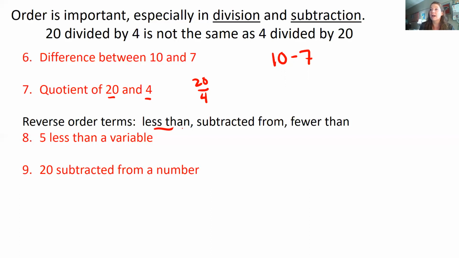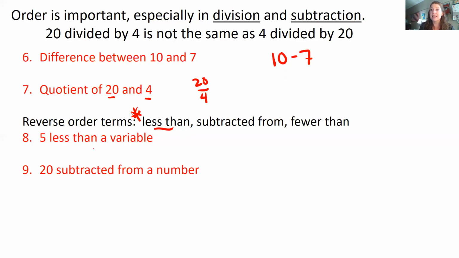But there are a couple of phrases that always will have you reverse the order of the numbers from how it's written. The most popular one is "less than." That's the one you're going to see more often than any other word phrase. But you also need to realize that "subtracted from" and "fewer than" tell you to take that first number that's written and move it to the end.